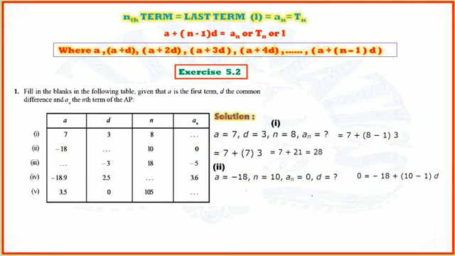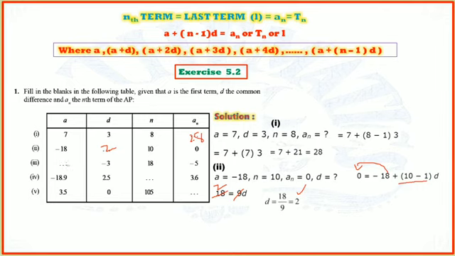So let us solve. This 18 will go to the right hand side and become plus 18 on this side, and 10 minus 1 is 9, so 9d equals 18, and d is equal to 2. So here we have d as 2, and here we have 28.